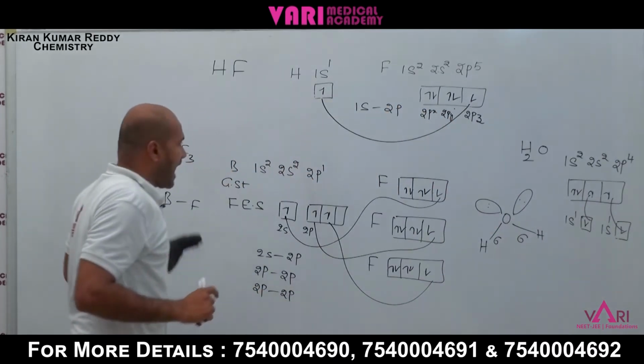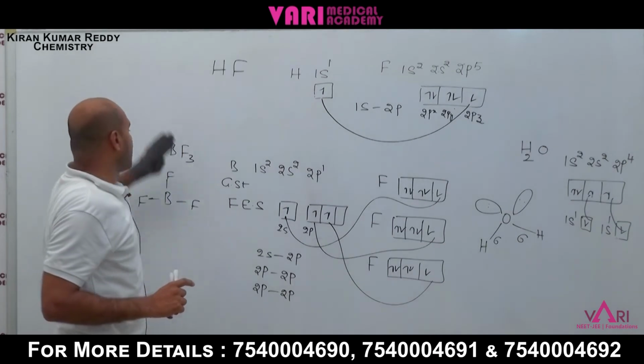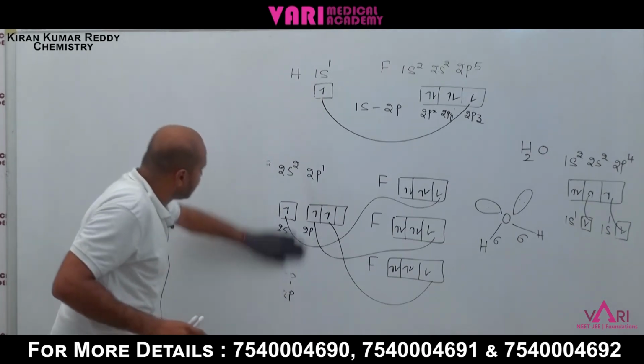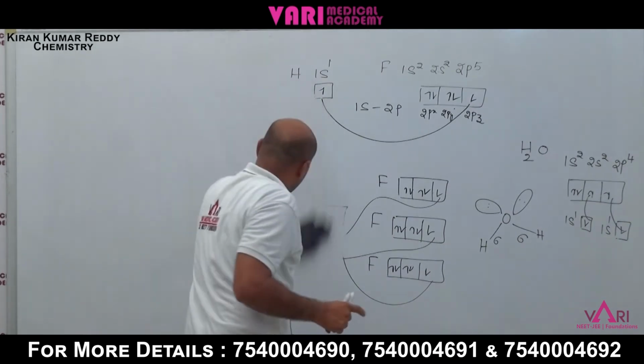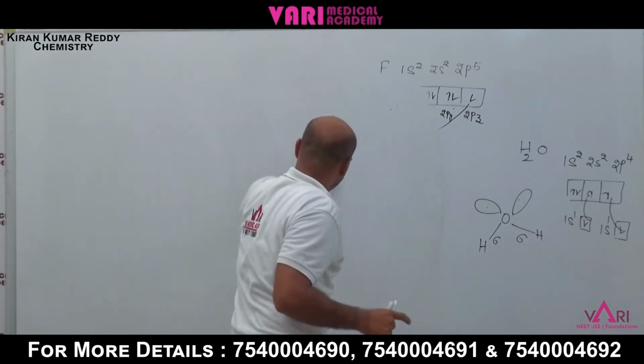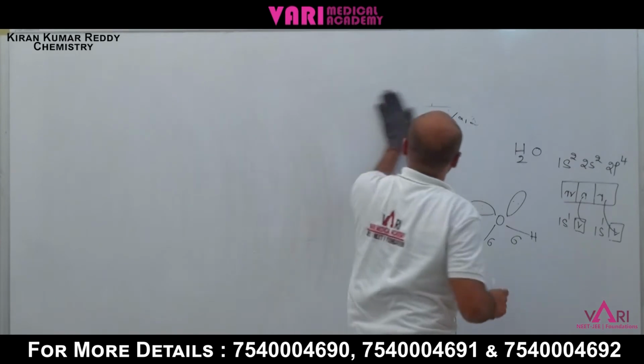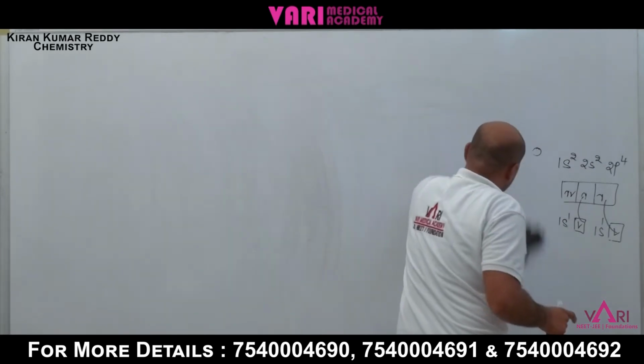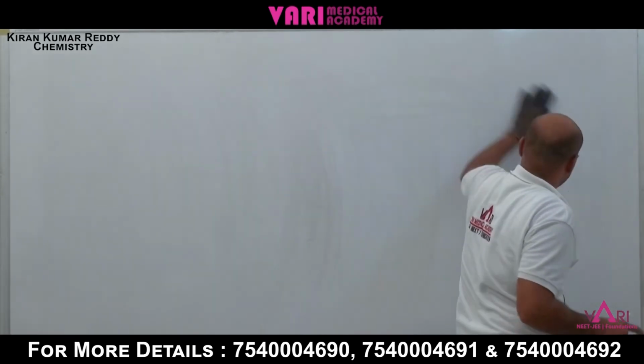This is axial overlapping, or internuclear axial overlapping. A sigma bond is formed. Next one is lateral overlapping, sidewise overlapping.